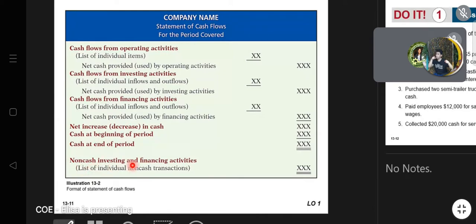So, non-cash investing and financing activities are separately listed. So that is our template. Whatever activity you go back to, like Activity 1, statement of cash flows, you will see this format, so try to revisit your Activity 1.